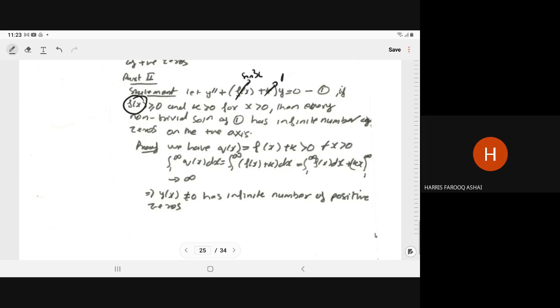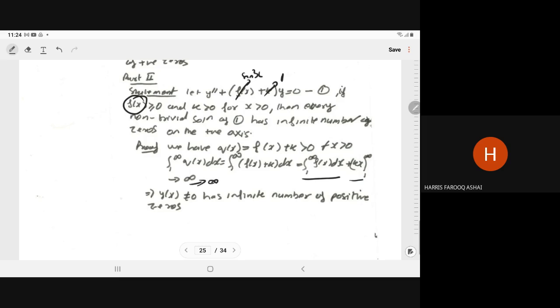And the integral of q(x) from 1 to infinity with respect to x will give you the integral from 1 to infinity of f(x) + k dx. So this will give you the integral of f(x) dx from 1 to infinity plus kx, with limits 1 to infinity. That will give you a value that tends to infinity.